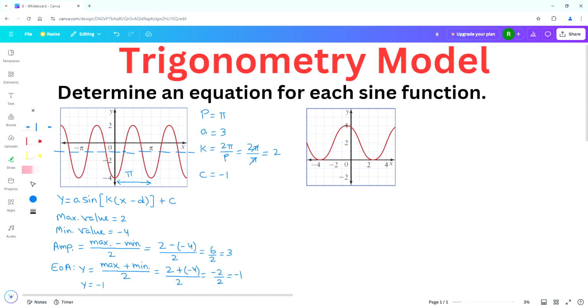There's a very important concept we need to understand and memorize to find phase shift for a transformed sine function. If there is no phase shift or no horizontal translation, this point would have been on the y-axis. That means the phase shift in this case is equal to 1 square.